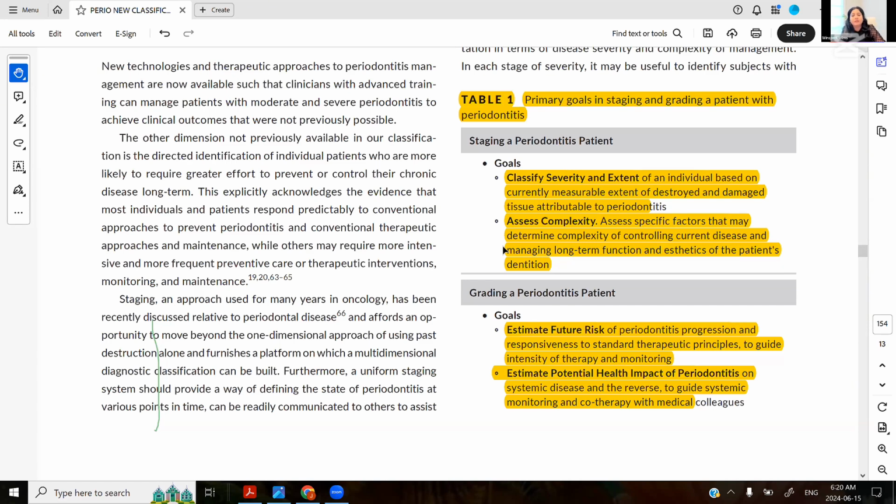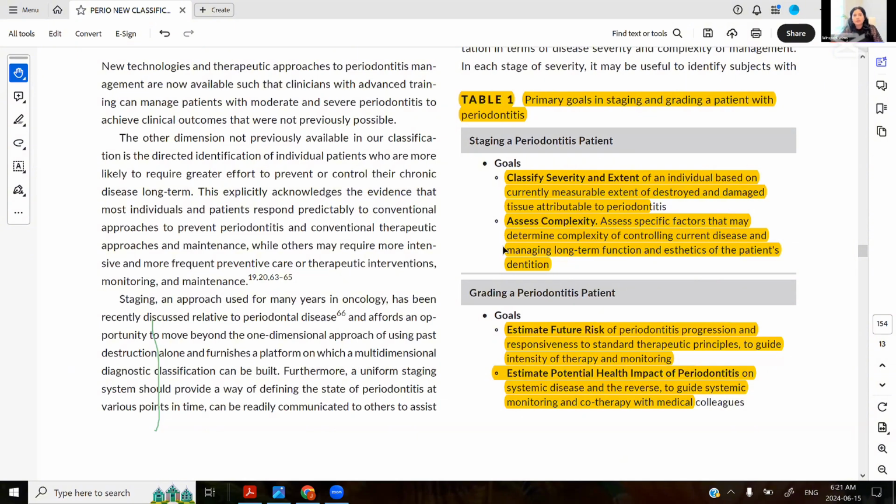And from the grading, once I say it's grade B, you know it's moderately progressing. Okay, so I know what the future risk is, how immediately I have to start the procedure, or if the patient is not cooperating, how I can educate them and encourage them to improve their periodontal health, right? And if I say it's grade C, you would immediately know grade C comes either from excessive smoking or from uncontrolled diabetes.